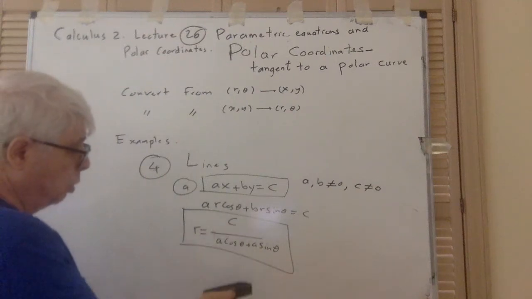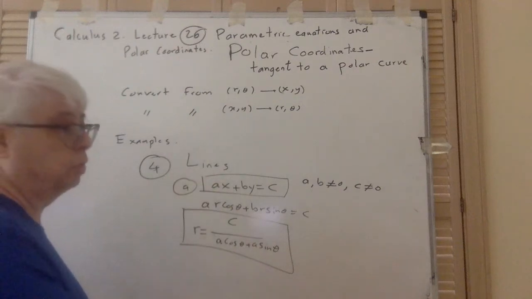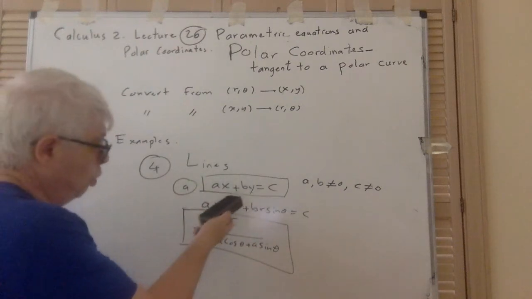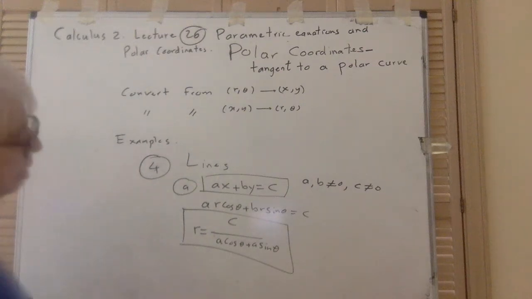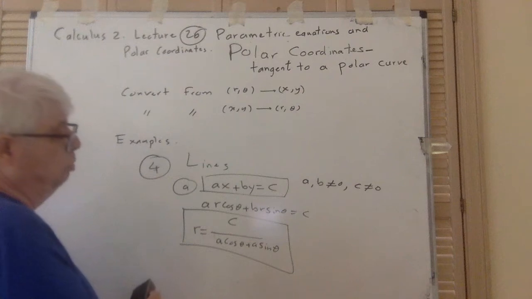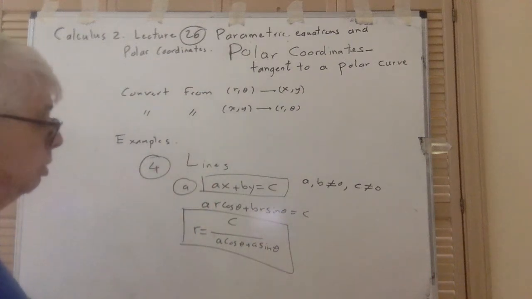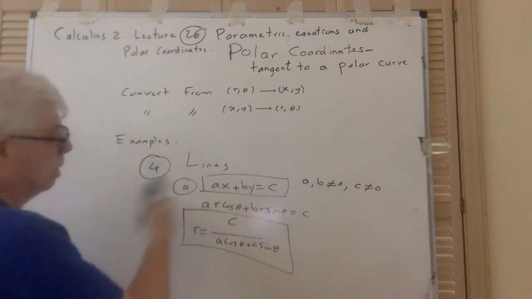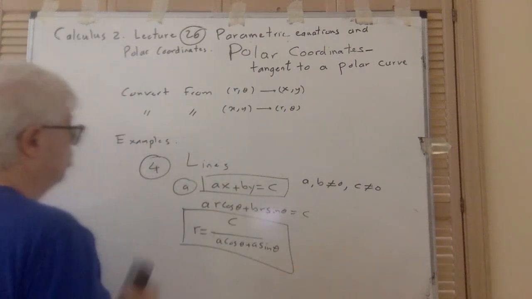This is sine and cosine in the denominator, and sine and cosine are transcendental functions. You don't even see x squared here. So you see the polar form of this simple line is a lot more complicated, way more advanced, than the line itself in rectangular form.